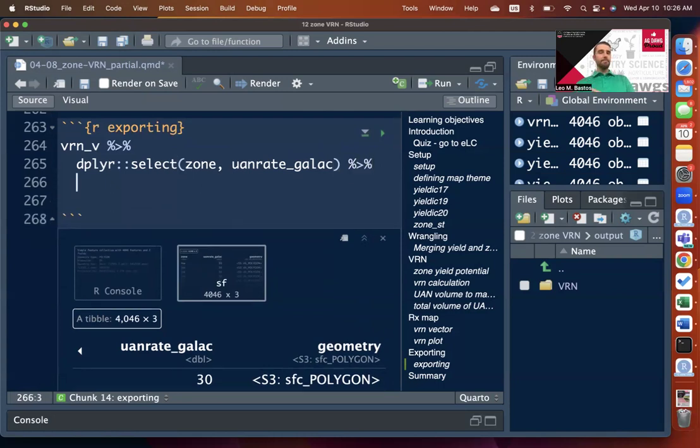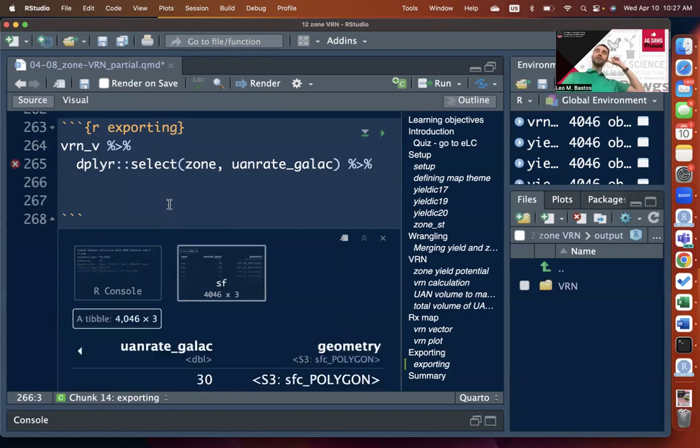So let's add a pipe. Now, what function do I need here to export this object, right? Let's always remember that in R, they're just objects. They're not files yet. How do I turn this object into a file in my system? In this case, this object, just to remind you, is an SF object.